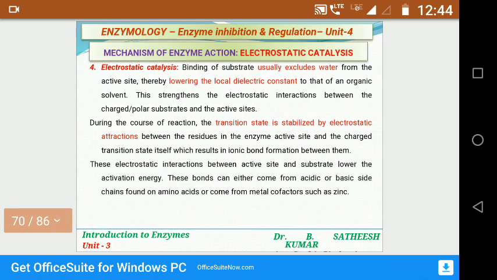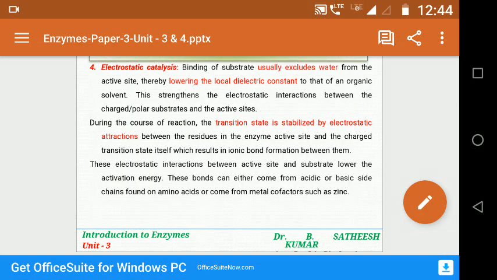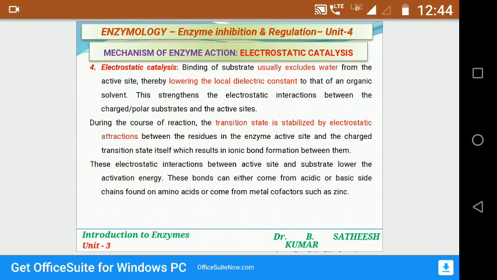And the fourth and last mechanism of enzyme action is electrostatic interaction. Here each and every active site of any enzyme binds water molecules in the absence of substrate.